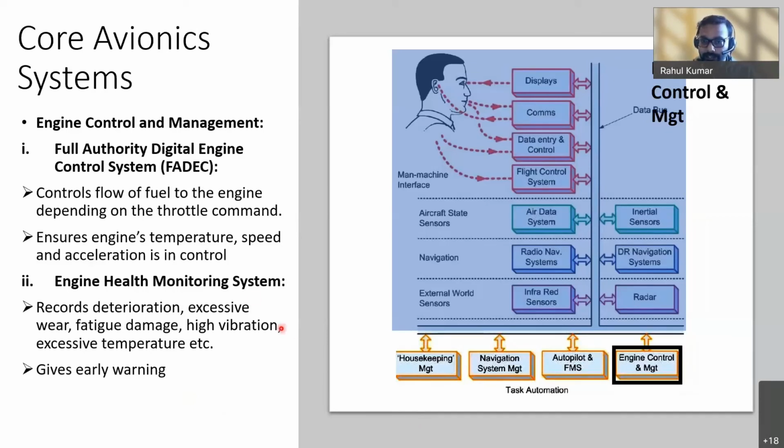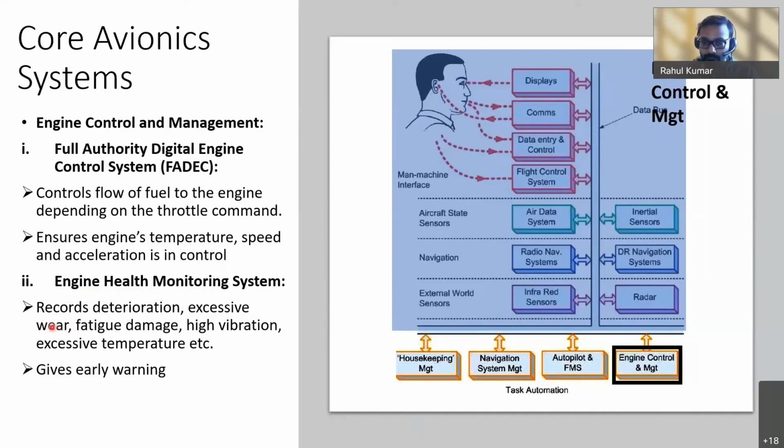The last avionic system is the full authority digital engine control system, which controls the flow of fuel to the engine. It ensures that the engine temperature, speed and acceleration are in control, right? It monitors the engine, and it is also used for engine health monitoring, right?